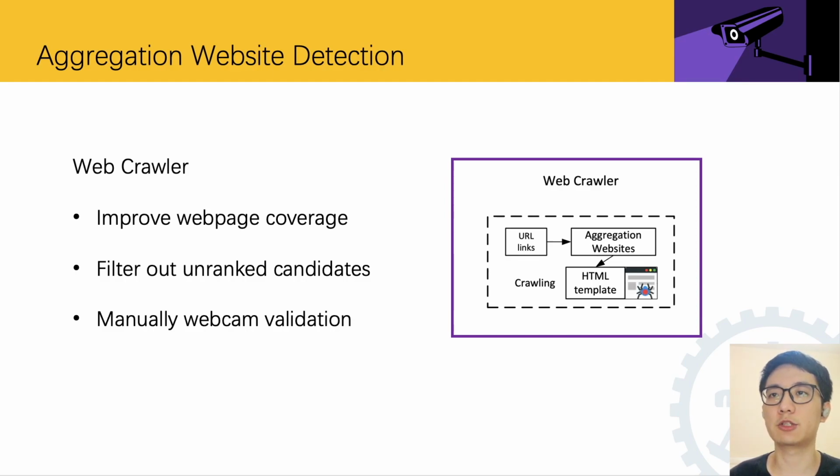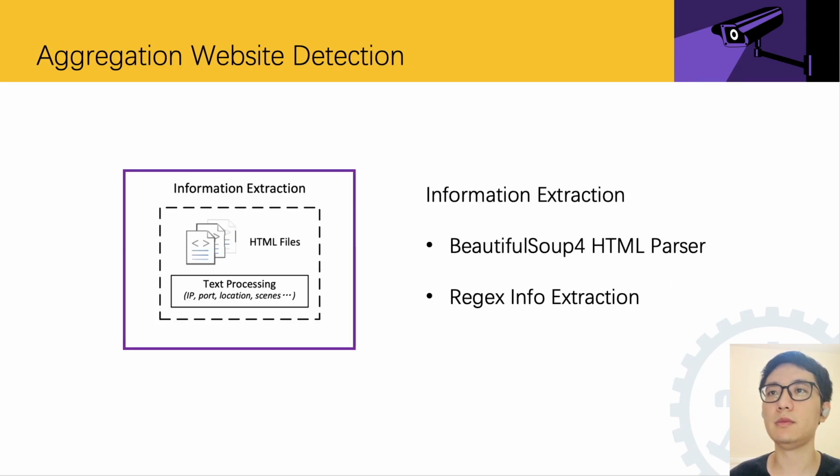Based on the HTML template and structure of websites, we utilize the web crawler to extract HTML files. We further extract the relevant webcam information from those HTML files using Beautiful Soup 4 and regex filters.